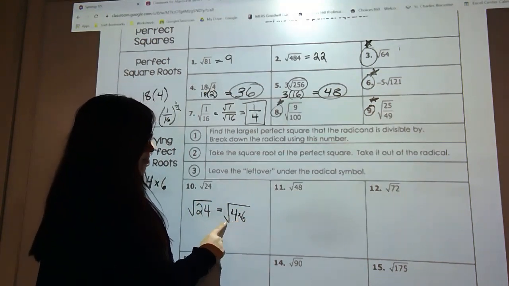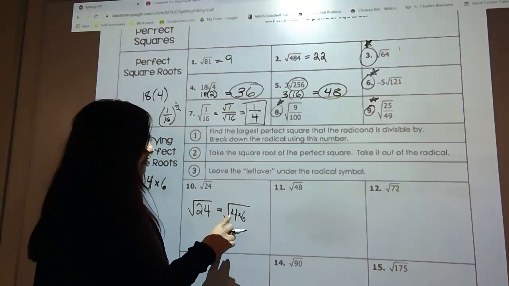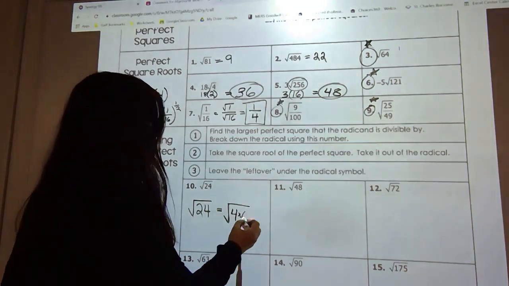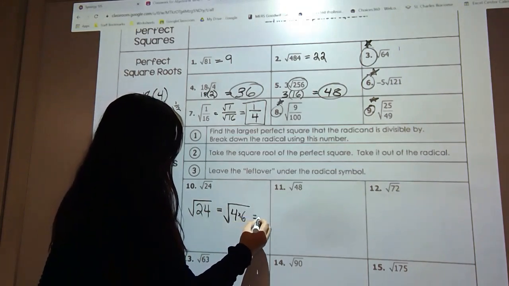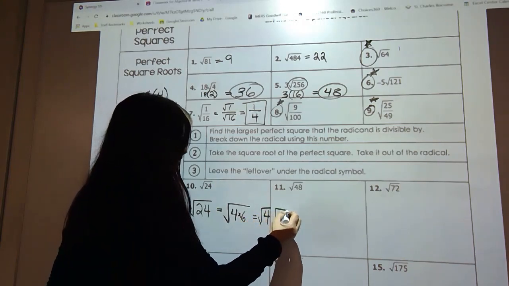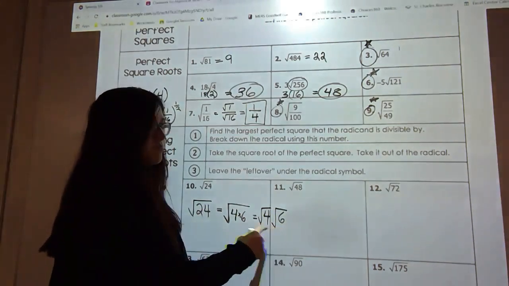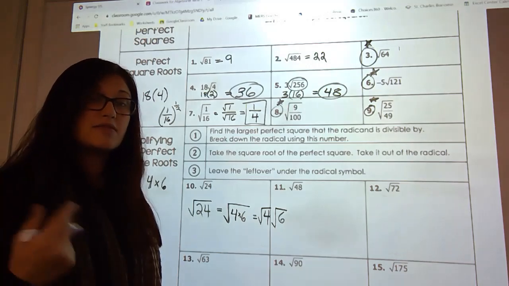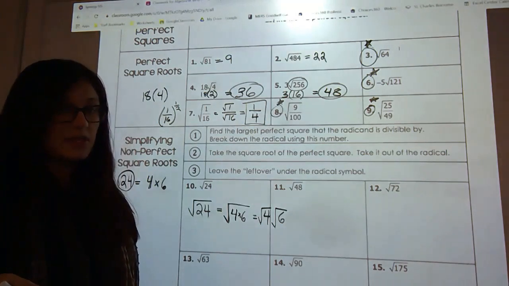Well, remember that my radical is just an exponent. So whenever you have two different factors inside, that exponent gets to go to each piece. So I can rewrite this as the square root of 4 times the square root of 6. You notice I can just put those next to each other and not write a times symbol anymore, because in mathematics, if you have two values right next to each other, it's understood that multiplication is happening.